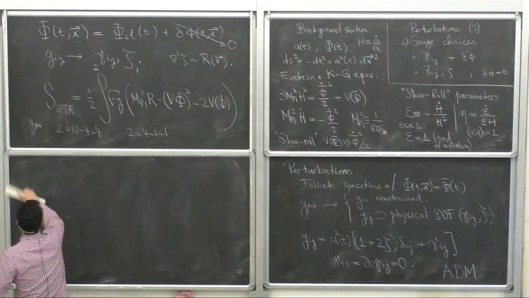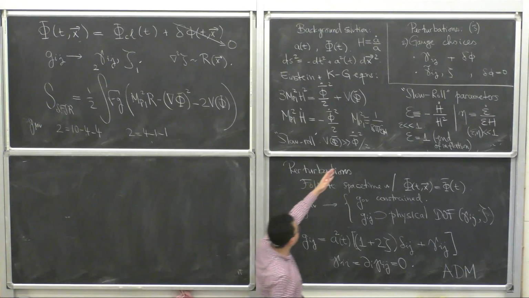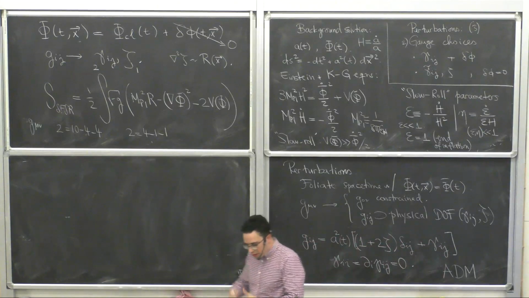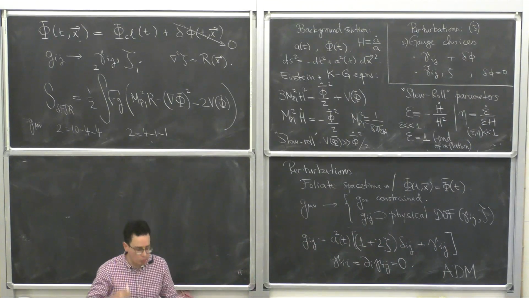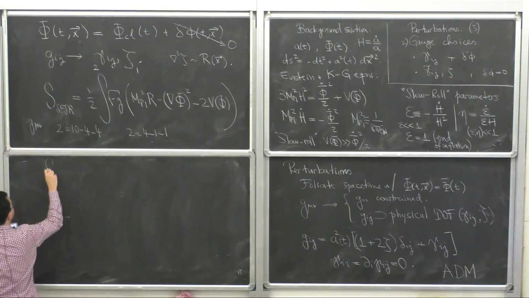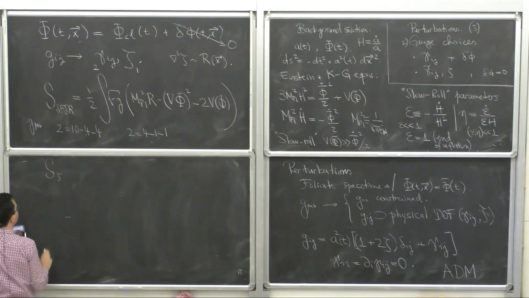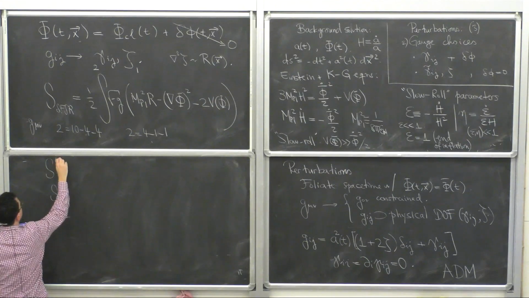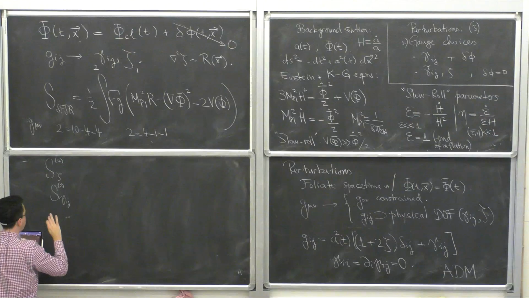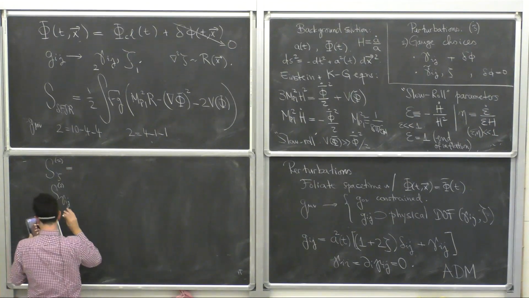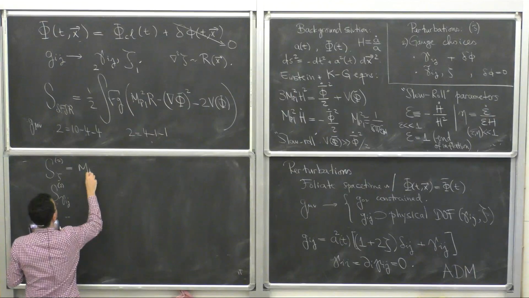Remember that in this slow-roll approximation, the background metric is almost like de Sitter space. You keep track of just the slow-roll parameters as small parameters, and this is what you get. So you get a quadratic action for the scalar perturbation and a quadratic action for the gravitational perturbation. So this is quadratic. The moment you go beyond quadratic, this beautiful story becomes complicated. But this is the answer.